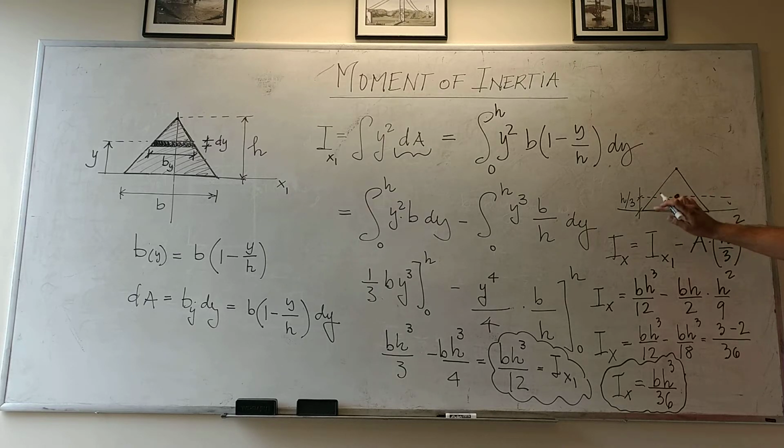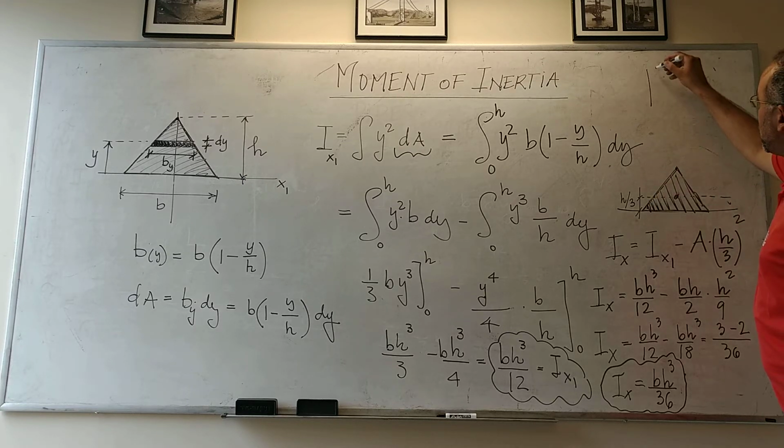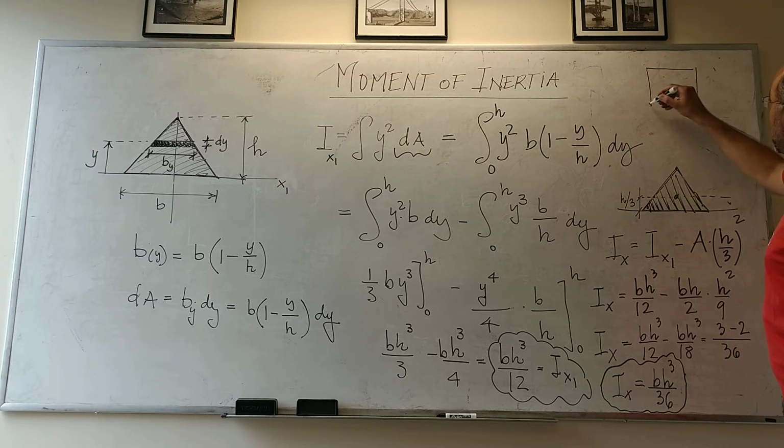So if you had a beam with this kind of cross section like a triangle, the moment of inertia around the centroid, like this, would be bh cubed over 36, which is 1/3 of the moment of inertia of a rectangle of equivalent outer dimensions, right?